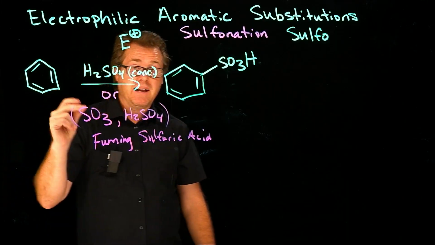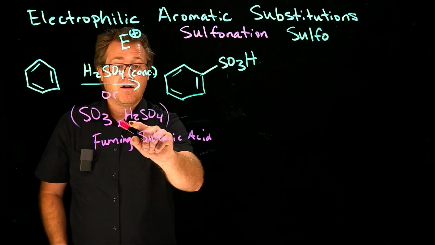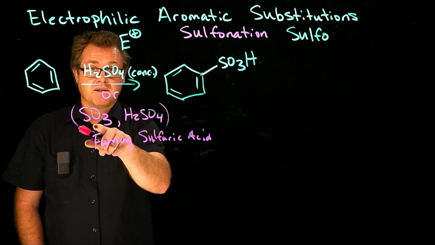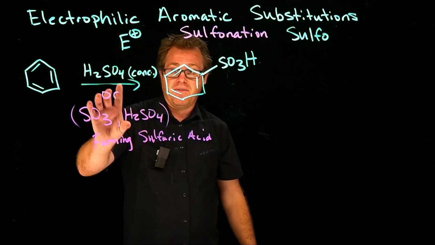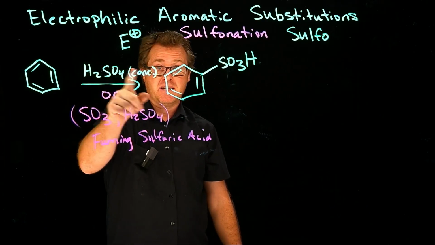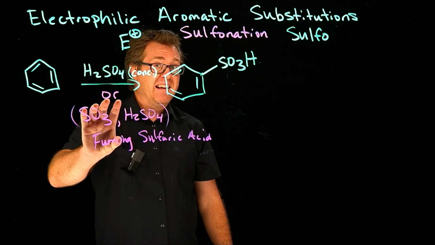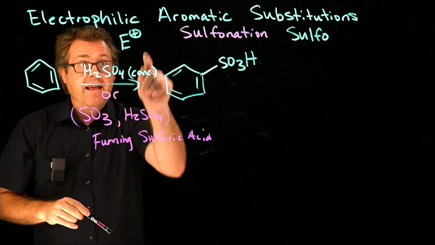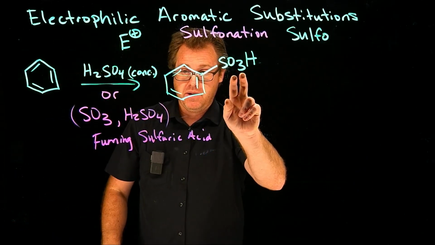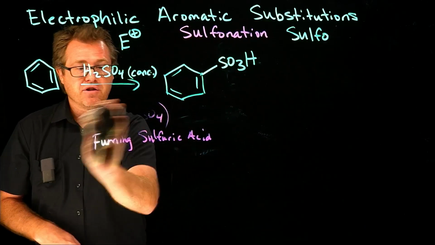If you want to speed it up, then you use fuming sulfuric acid, which is simply concentrated sulfuric acid mixed with sulfur trioxide. I'm going to show you that first step of the reaction to generate the electrophile using just this method or this one in pink. But at the end of the day, you're going to get the same electrophile to add that sulfo group to it.